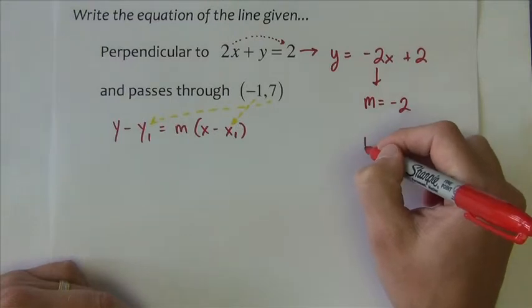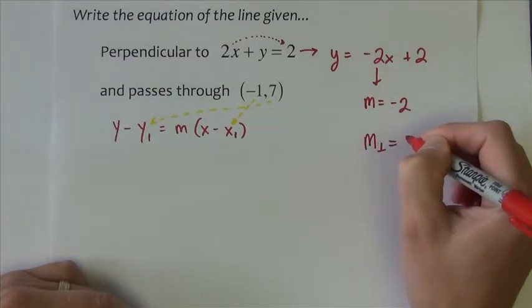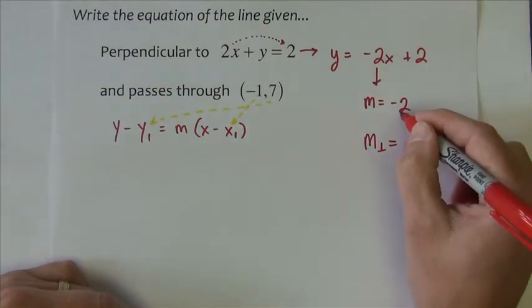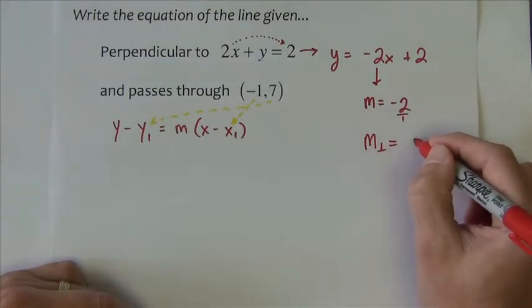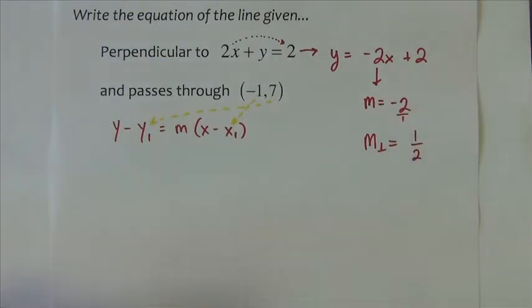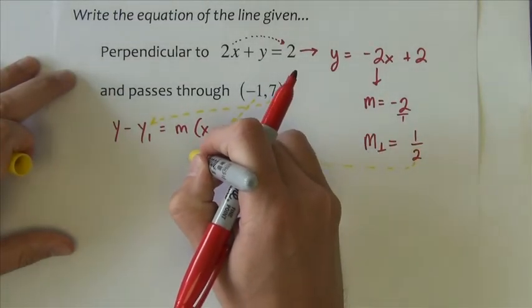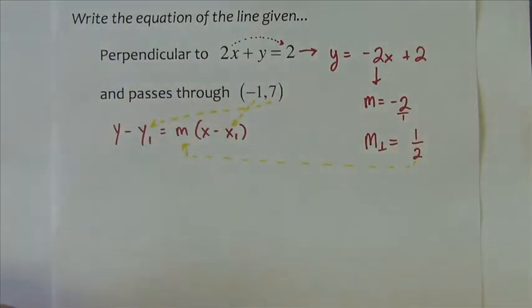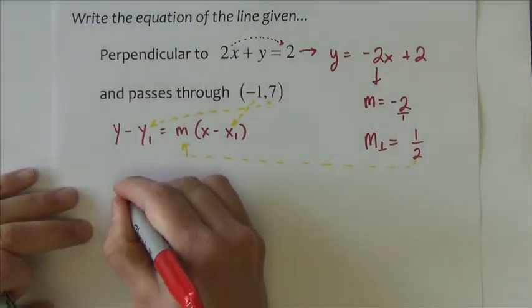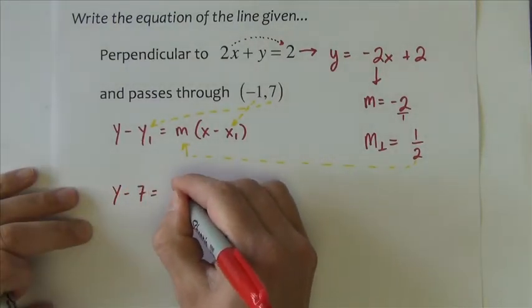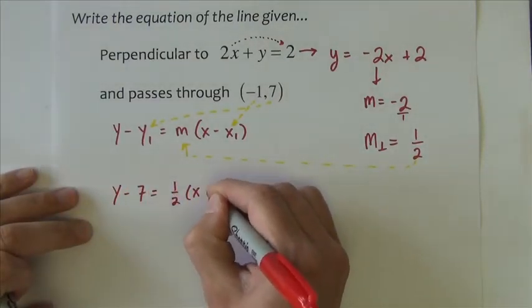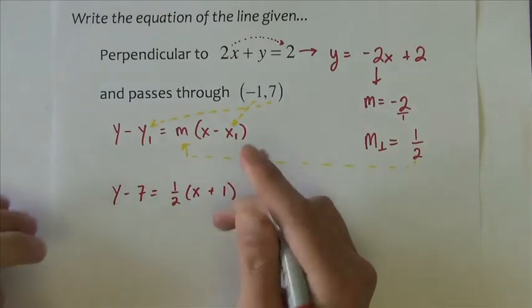I want perpendicular slope. So think of this as 2 over 1. I want positive 1/2. That's the slope I'm going to end up using. So plugged in, we have y minus 7 equals positive 1/2 x minus -1.